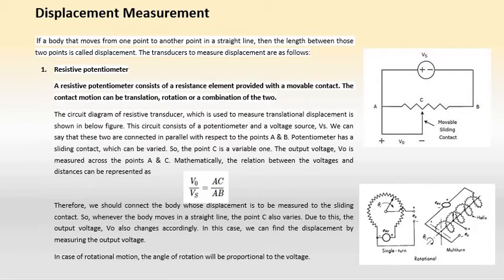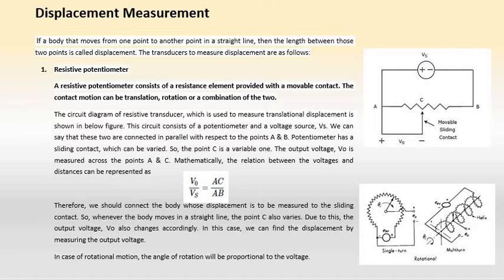First we have the resistive potentiometer. So what is the working principle of this resistive potentiometer? If a body moves from one point to another point in a straight line, then the length between those two points is called displacement.